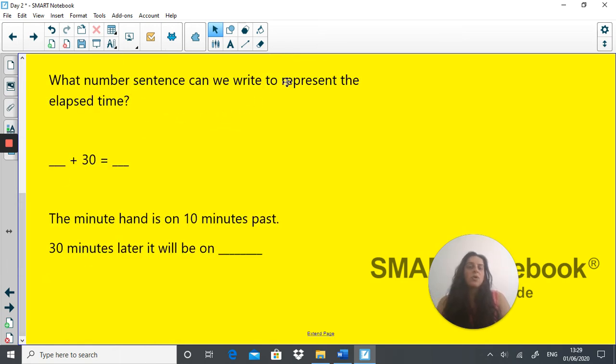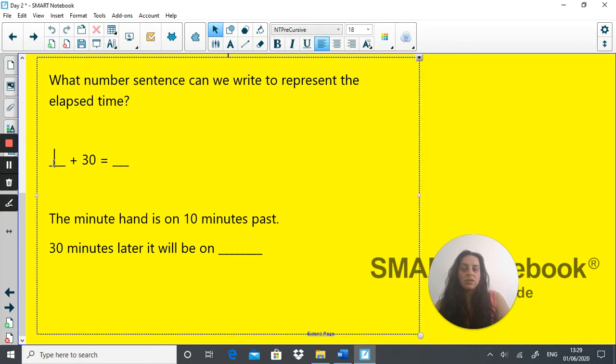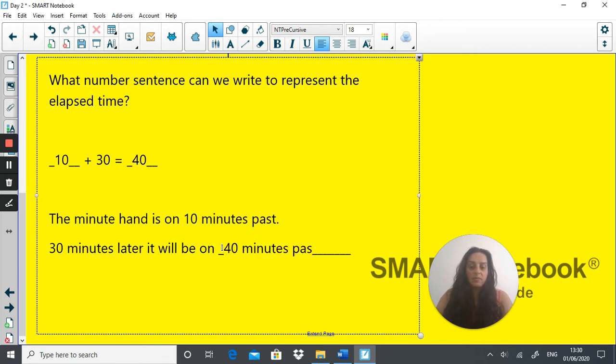So what is a number sentence that we can use to represent the elapsed time? What time did we start on? We started on 10 past, plus 30 gives us 40. The minute hand is on 10 minutes past. 30 minutes later, it will be on 40 minutes past. Excellent.